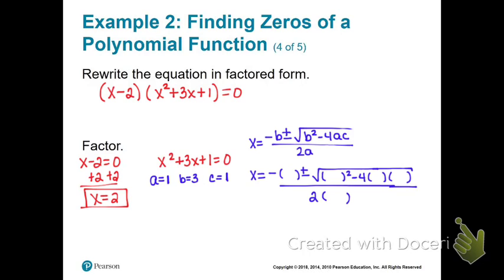And then I'm going to plug in negative b, b squared, ac, and then a. And we can work this out. So x equals negative 3 plus or minus the square root of 5 all over 2 times 1 is 2. Now, can I take 5 and break it down? No. 5 is prime. So there's my other 2 zeros.